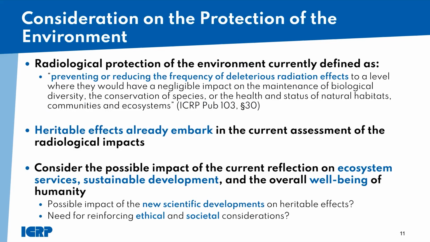The evolution of the species is clearly on board in the calculation of the DCRL, but as far as I understood the presentation yesterday, some elements with regard to heritable effect are not directly considered in the calculation. So we may have further discussion, but this is something to be considered.